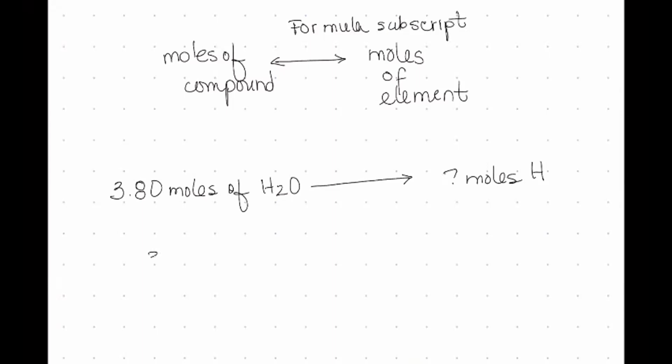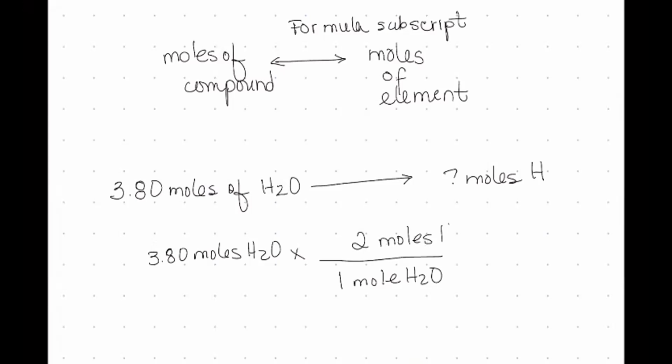Then you will say, oh, 3.80 moles of H2O. I only have one conversion factor, and that is the formula subscript. In the bottom, you will say 1 mole of H2O. And on top, you will say, oh, 2 moles of H. Exactly, great job.